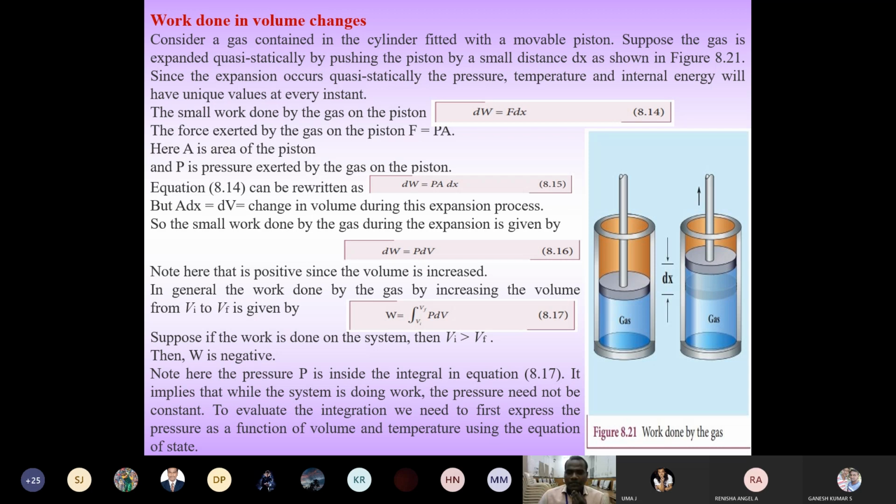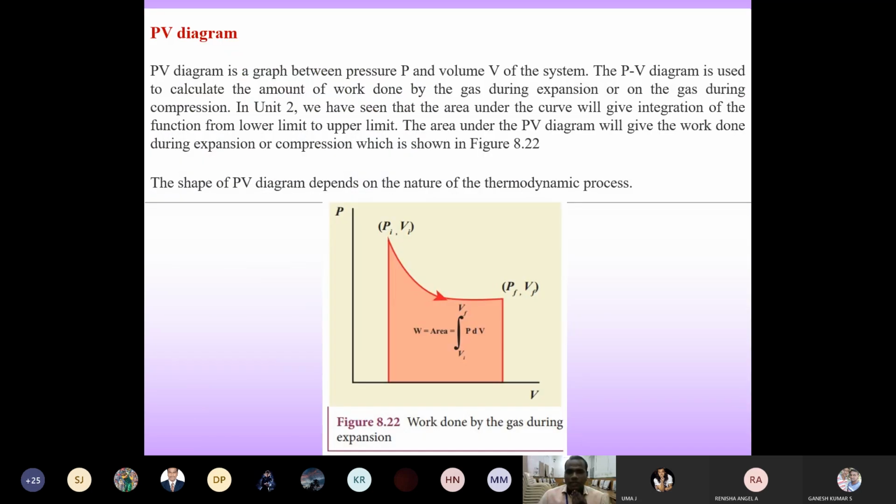From this equation, we know the work done is a function of pressure and volume of the system. We will discuss the PV diagram, which is the graph between the pressure and volume of the system, and the area under that curve will give you the work done.